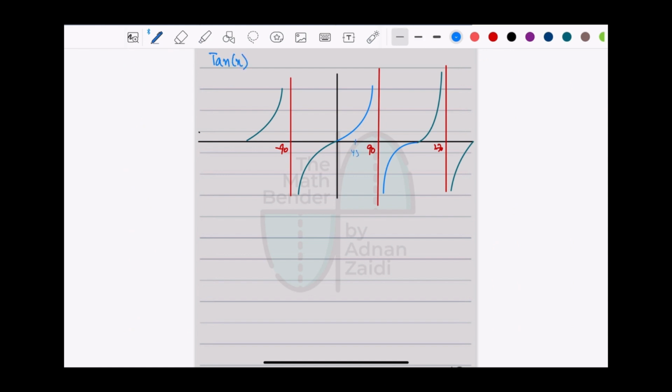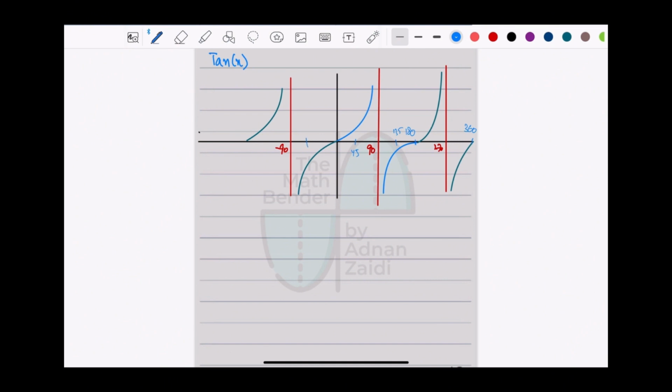This is 45. This point here is 180. And this here is 360. 135 here. And you can extend these values.